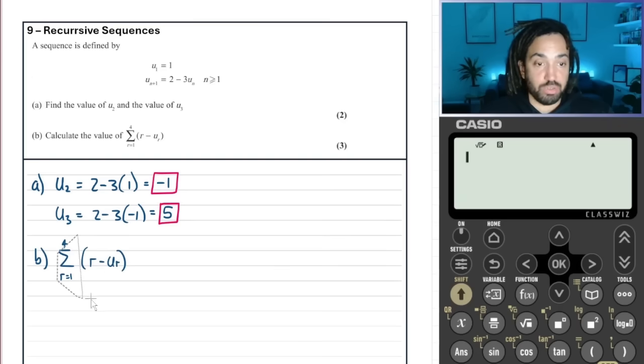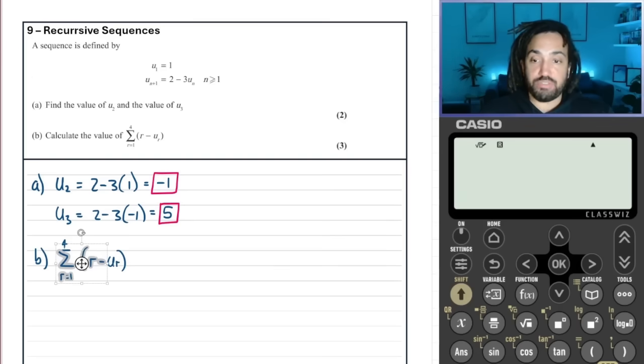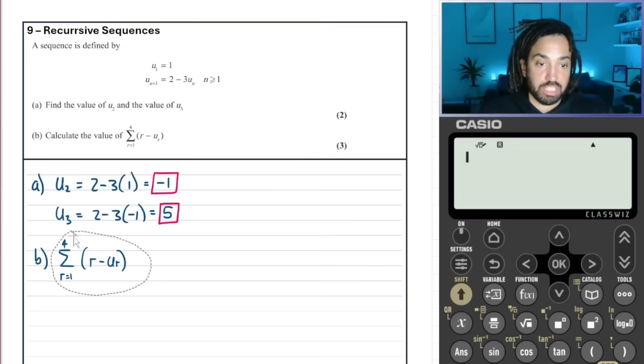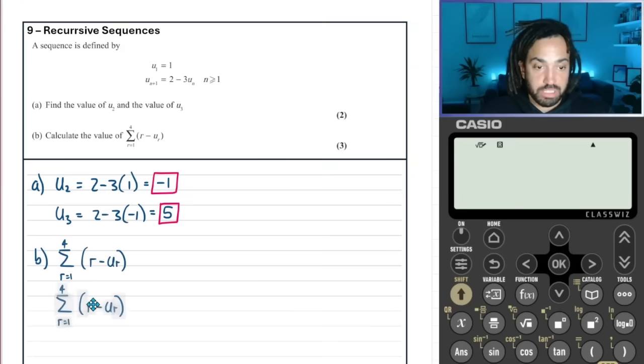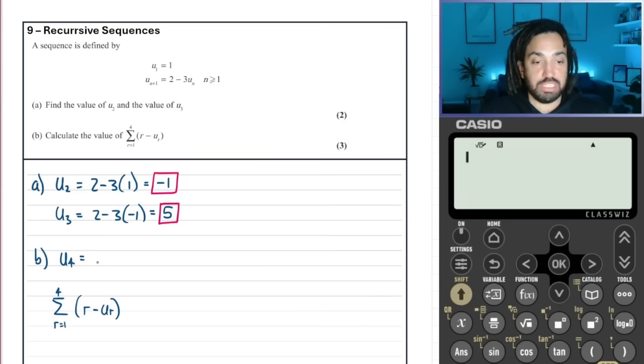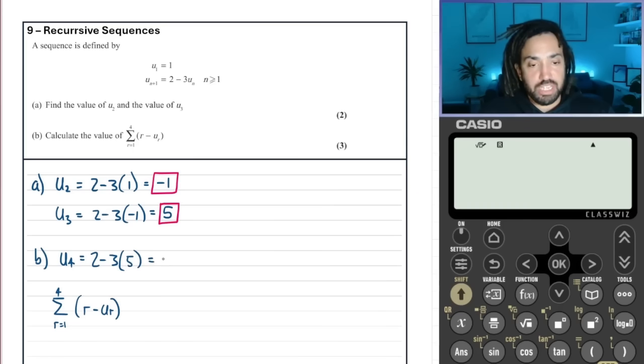Well, actually, in order for us to do that, we first need to work out what u4 is, because we're summing up to the fourth term. So let's move that down slightly and write here u4 is equal to, again, 2 minus 3 lots of the previous term. So that would be 2 minus 15, so that would be minus 13.